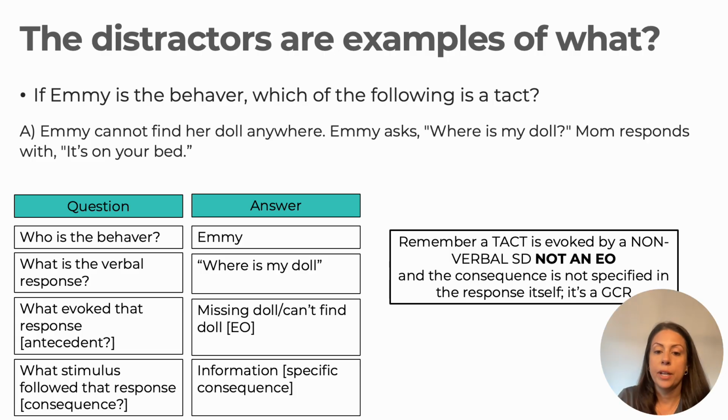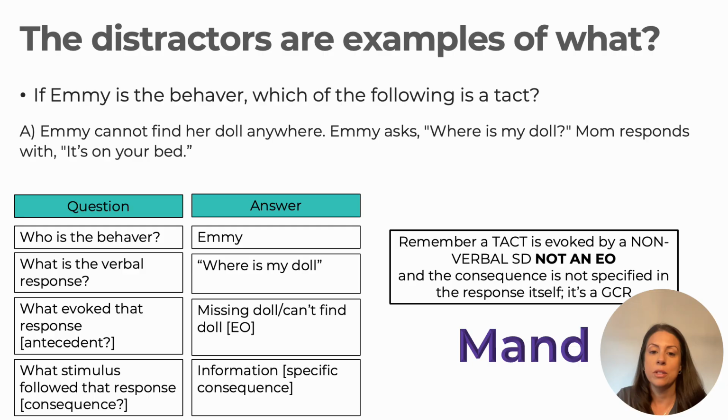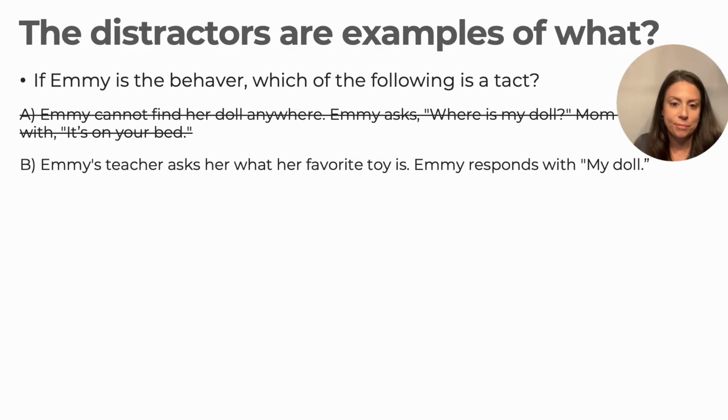Remember, a tact is evoked by a non-verbal SD, not an EO, and the consequence is not specified in the response itself. It would be a generalized conditioned reinforcer. In this answer choice, we have a specific consequence, and we have an EO. So this is an example of a mand, not a tact, and we can confidently eliminate it.